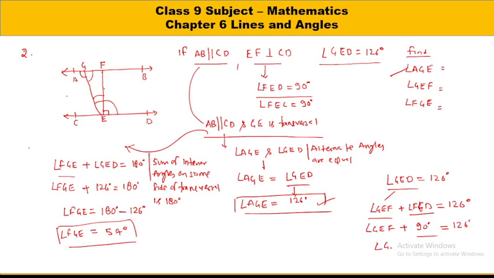Then GEF will be equal to 126 degree minus 90 degree, which is 36 degree. So in this way we solve this question. We have found all the three angles which are needed to be determined.